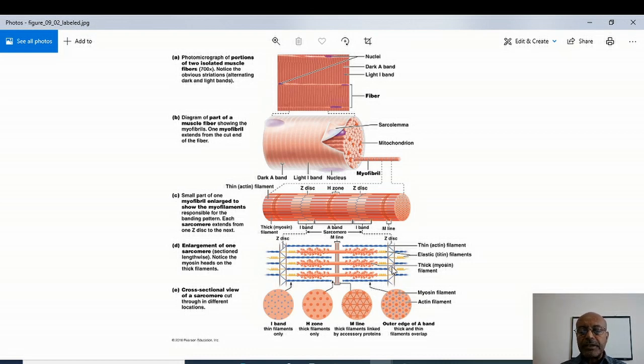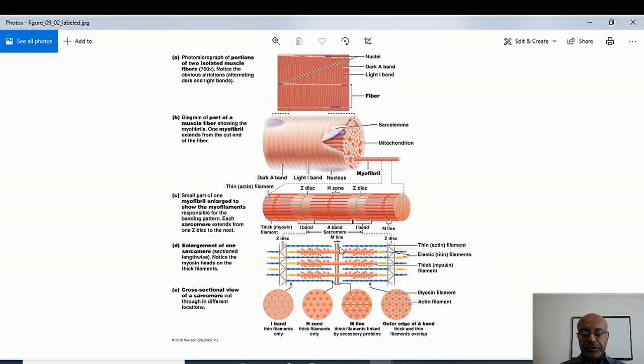By the way, a myofibril consists of several sarcomeres attached end to end. So we can say a myofibril is a chain of sarcomeres. What is a sarcomere? Sarcomere is the structural and functional unit of skeletal muscle cell. I repeat, sarcomere is mainly the functional unit of skeletal muscle cell. We are going to study this sarcomere in detail.